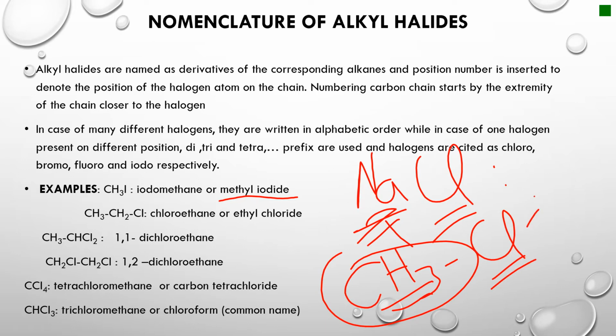So the name of the molecule will be methyl chloride. But this way of naming is recommended when you have only one halogen in an organic compound in a given chain. But if you have more than one halogen, please use the systematic name. It is better.